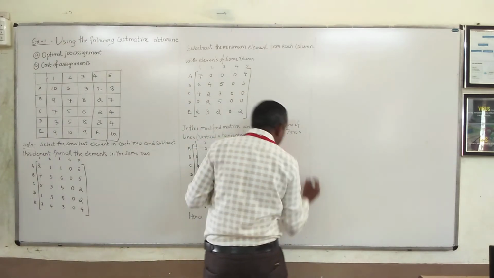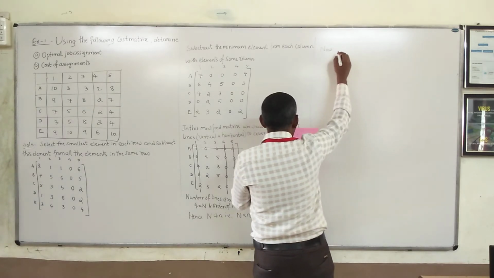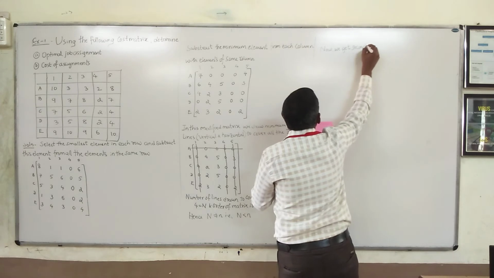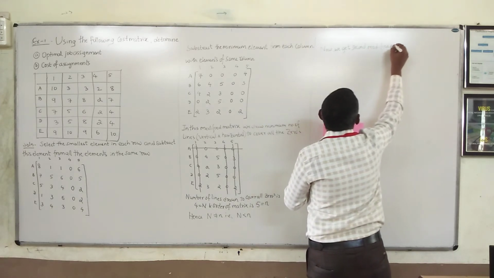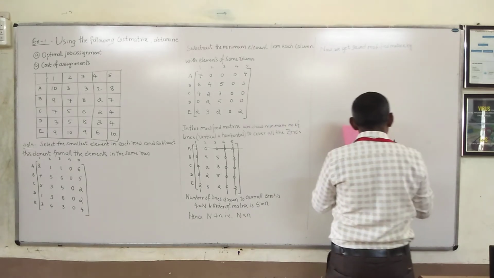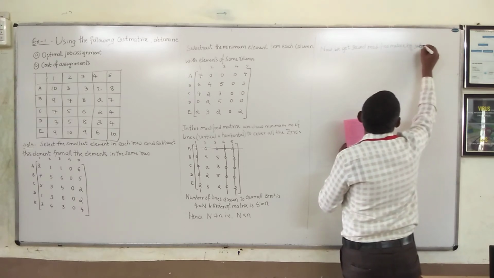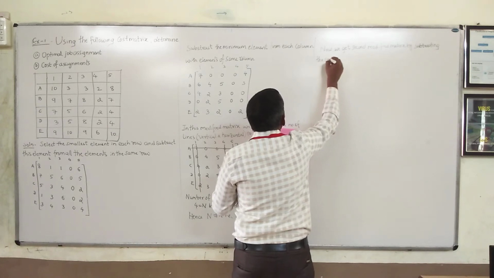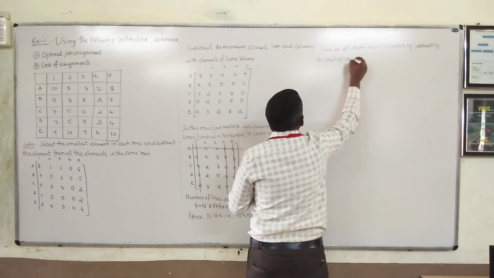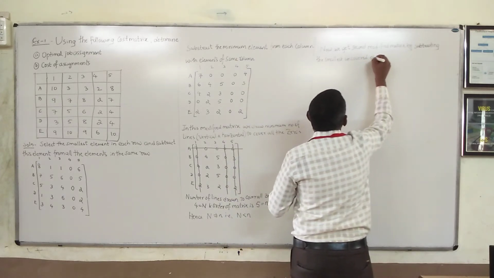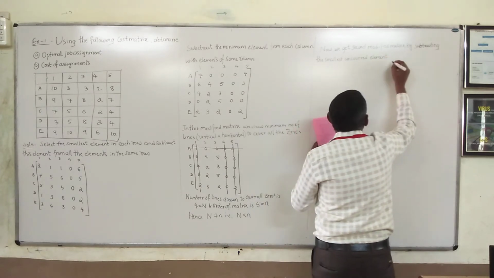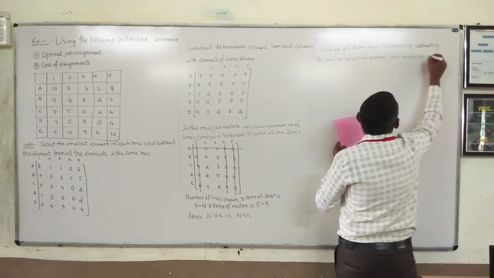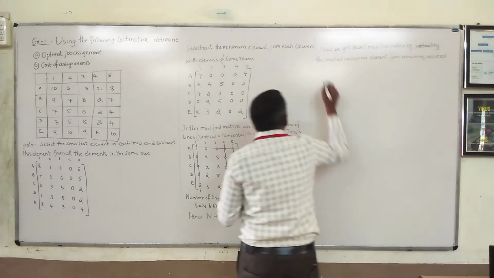So now we get the second modified matrix by subtracting the smallest uncovered element from the remaining uncovered elements.